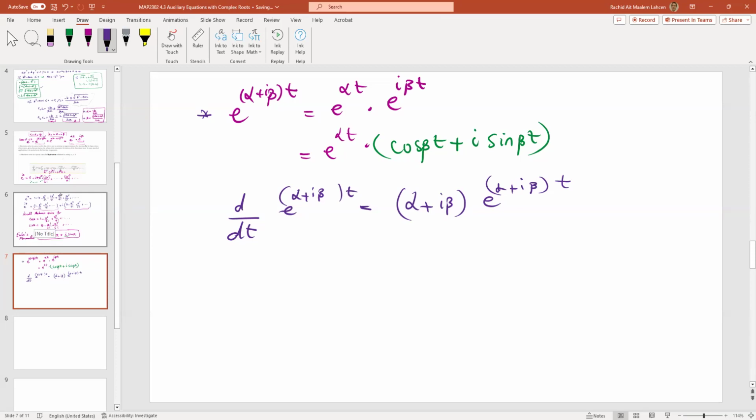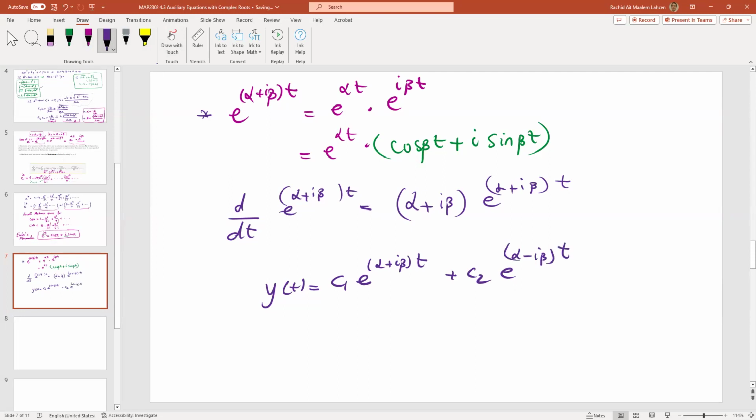And we can write the solution y of t as the arbitrary constant c1 times exponential with the power here as alpha plus i beta t, plus c2 exponential of alpha minus i beta t.